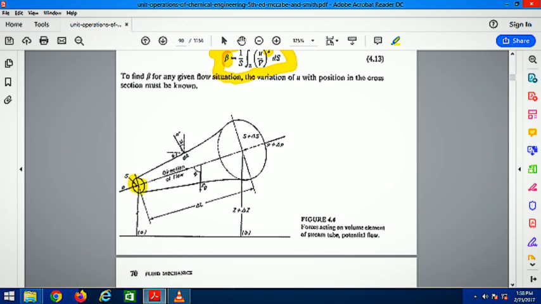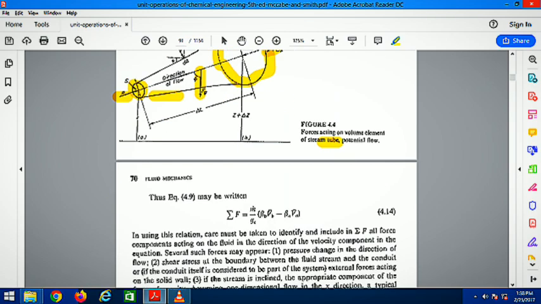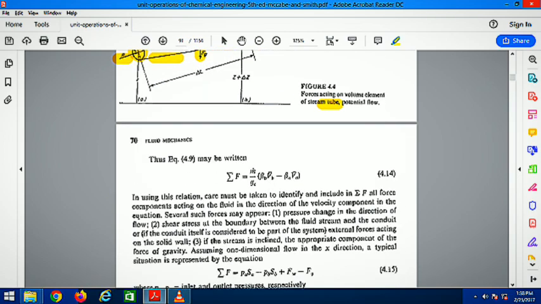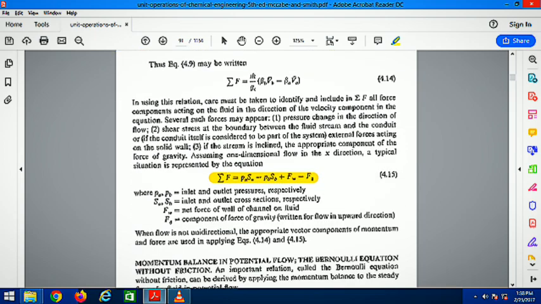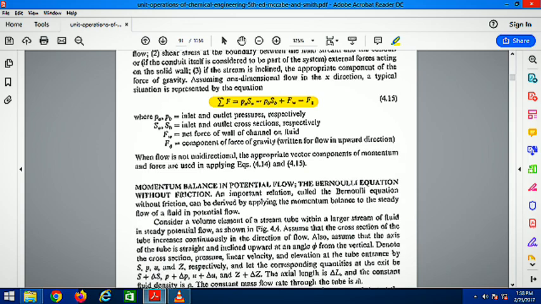So for Bernoulli's equation, to derive it, we generally consider a pipe, a tube, in which the flow enters at pressure P and exits at P plus delta P from a larger surface area, and there is gravitational force and there is also wall effect, and we generally put a force balance.